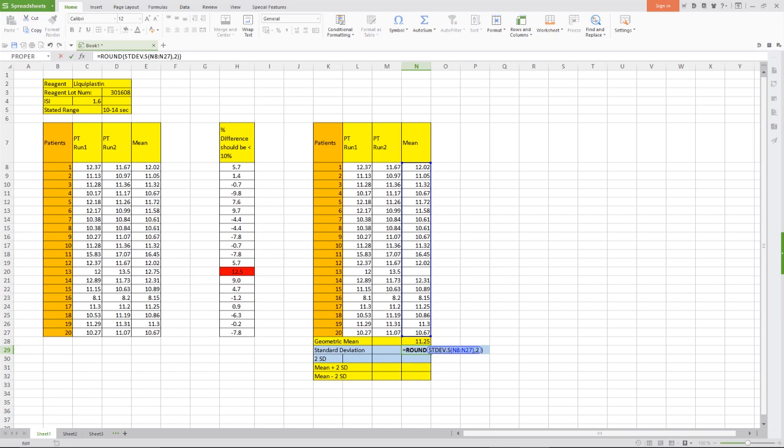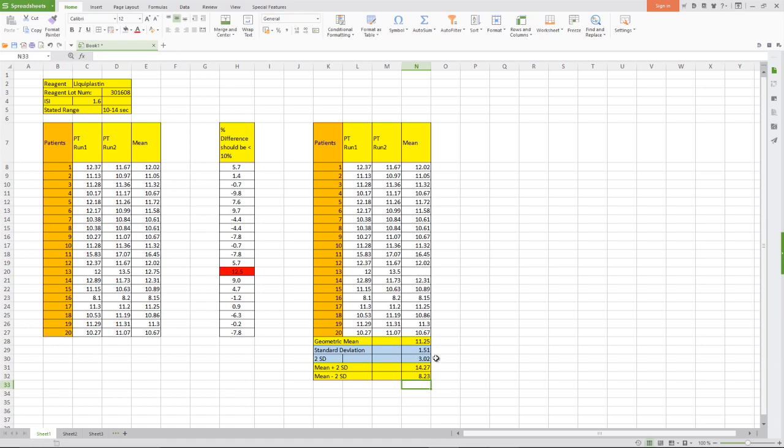Standard deviation in our example is 1.51. Geometric mean plus 2SD and geometric mean minus 2SD will give you the upper and the lower limits or the range between which the values should lie. Hence, the upper limit is 14.27 seconds and the lower limit is 8.23 seconds.